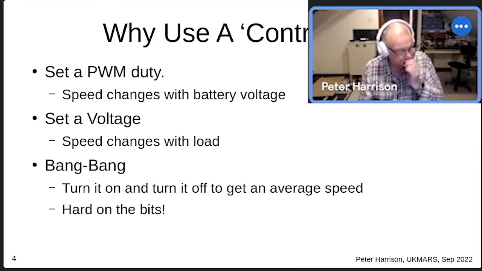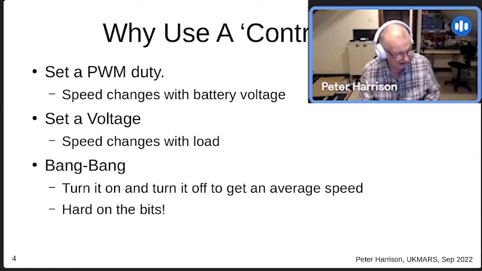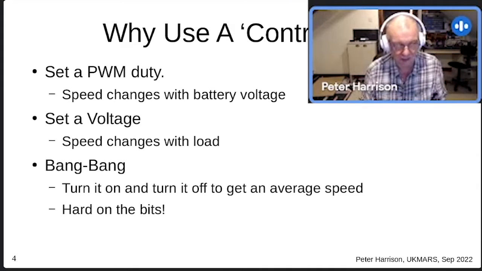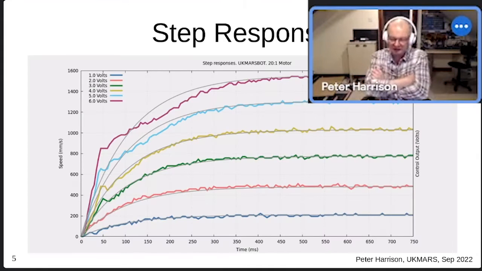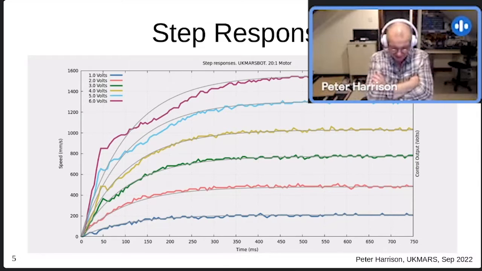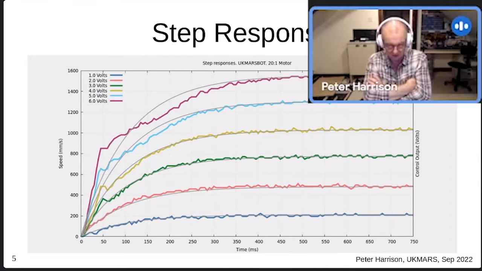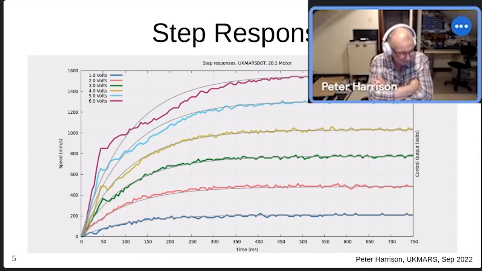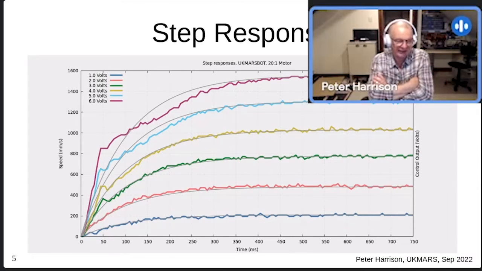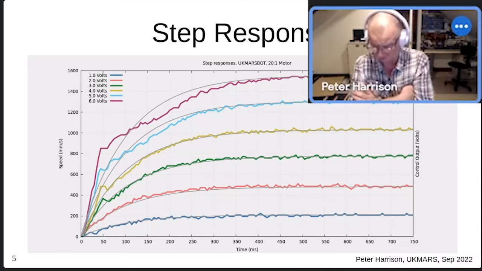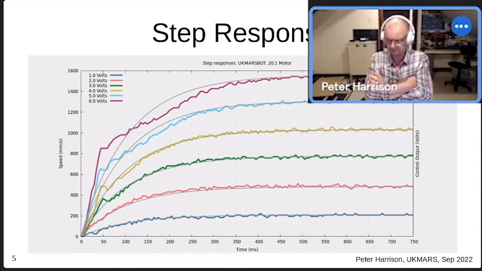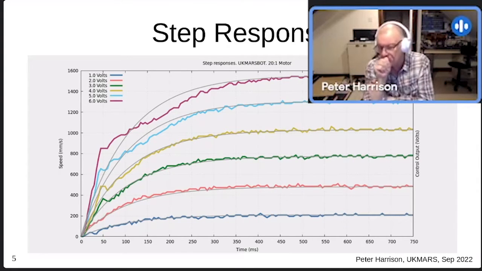So the first thing is to try and discover what's going on with the robot itself. Using the software that's there, you can apply a constant voltage to the motors. If you apply, let's say, 3 volts to the motors, which is the green line in the middle on this chart, you will see that the speed increases.